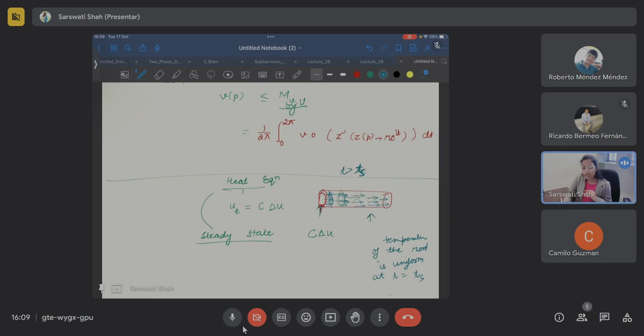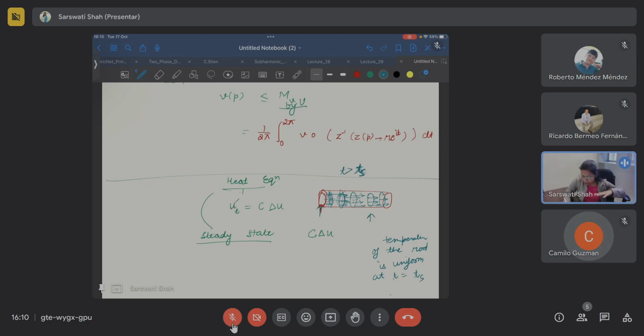Firstly it acquires minimum, and minimum, but when the temperature of the rod is uniform, then for sure all the cross sections of the rod are at their highest heat, isn't it? Yeah.